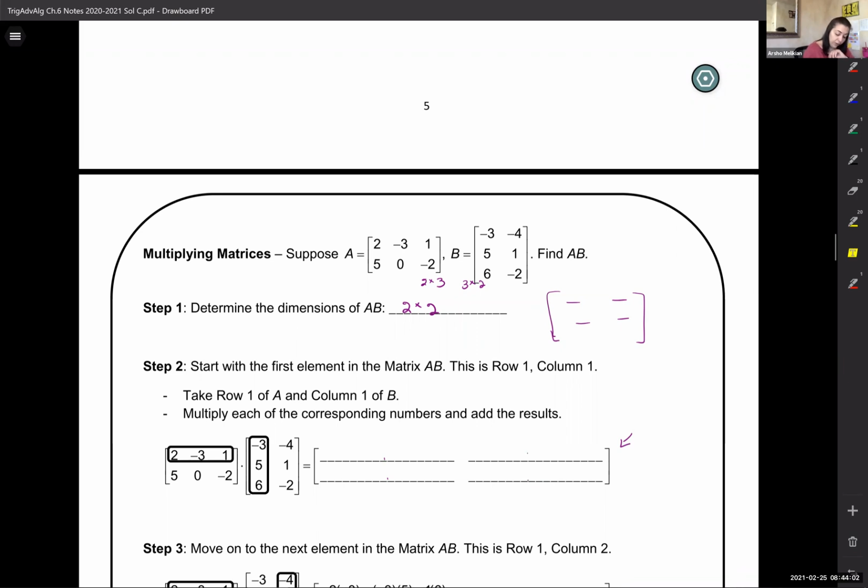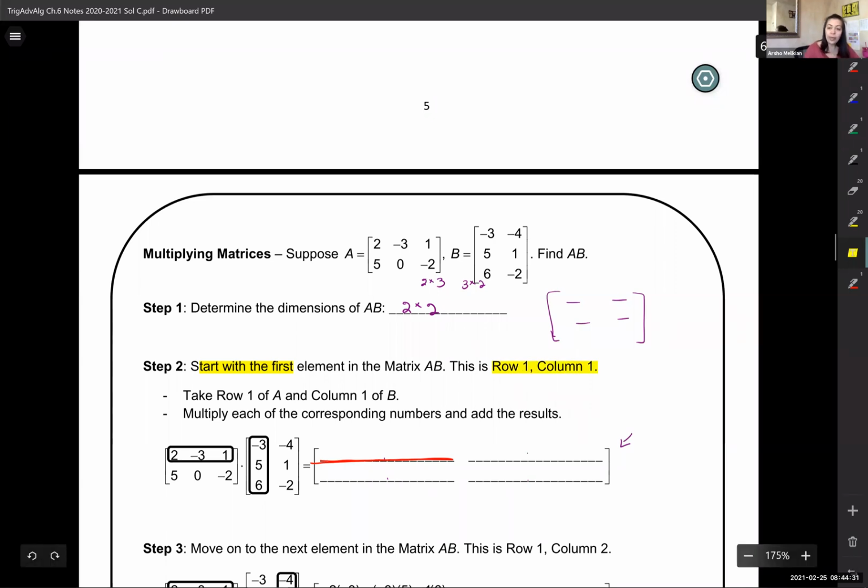And then we're going to start filling in these spots. I'm going to start by filling in this one first, okay? Now, what position is that in my resulting matrix? That's row 1, column 1, right? So that's what we're doing first. We're going to start with the first element, row 1, column 1.